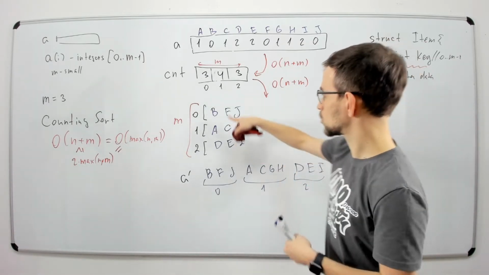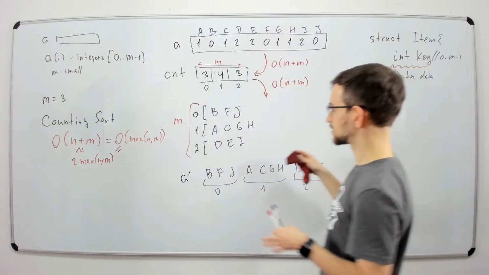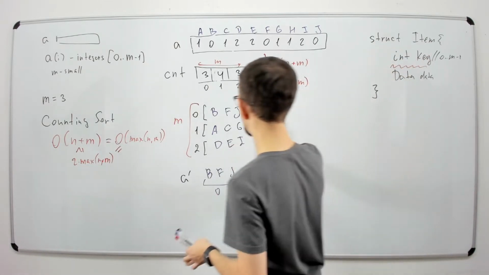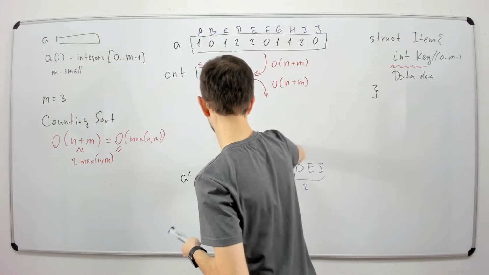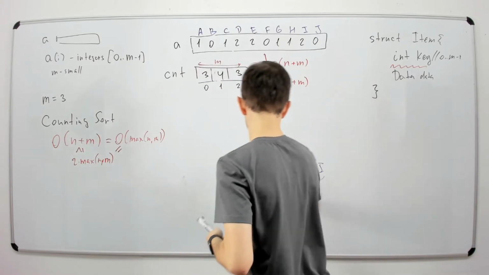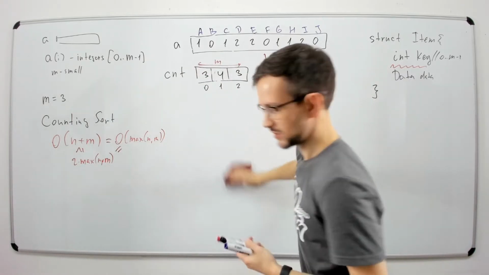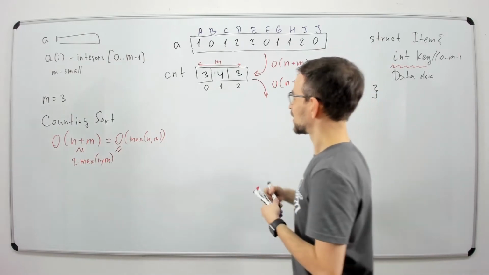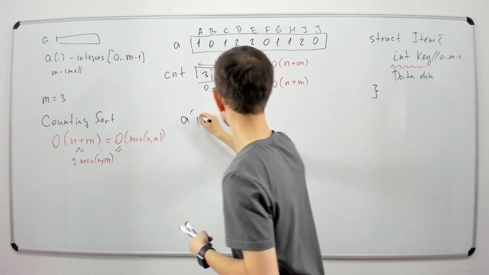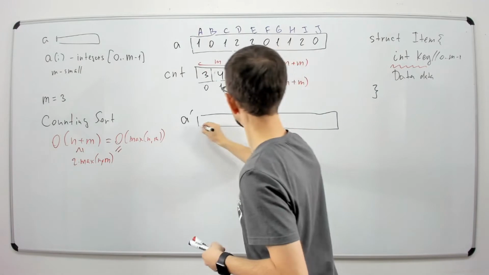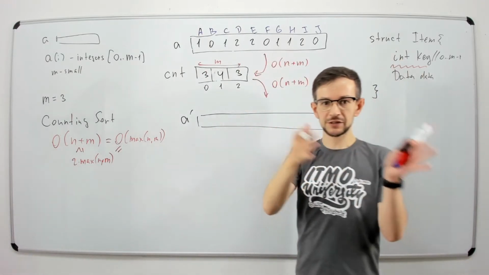So instead of creating 3 buckets in separate arrays, we will create version 2. So we will create the final array of the same size and then split it into 3 segments.